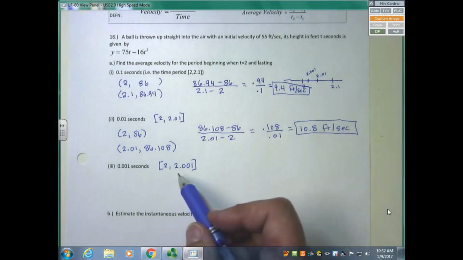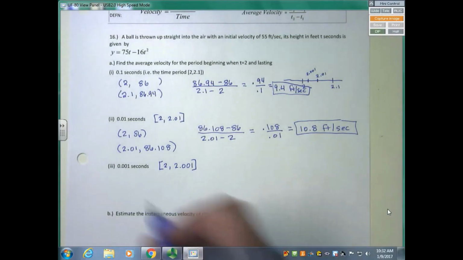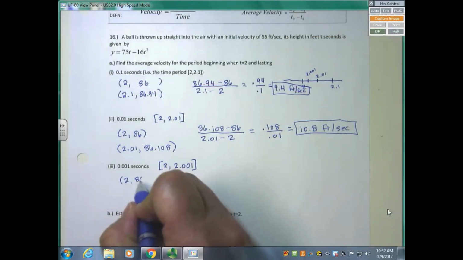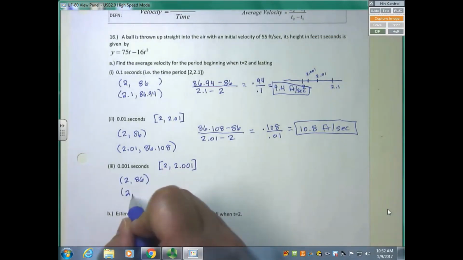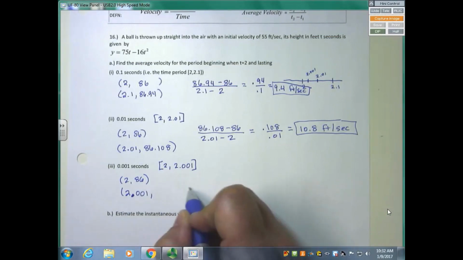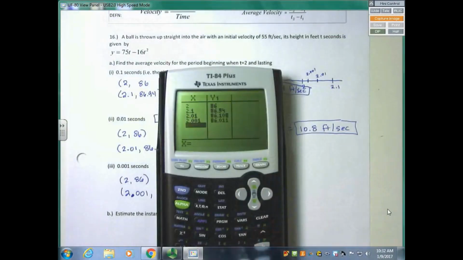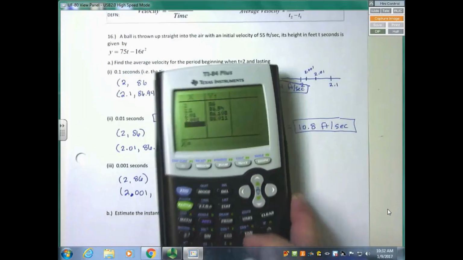All right, so now we're going to go to 0.001 seconds, so just from 2 seconds to 2.001 seconds. One more time. I already have that ordered pair. I'm going to put 2.001 in here. That gives me 86.011.